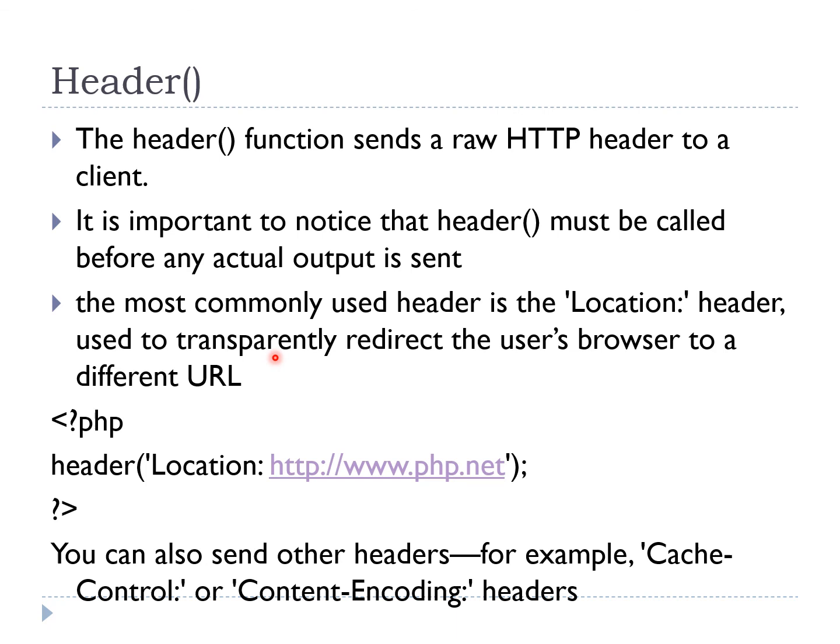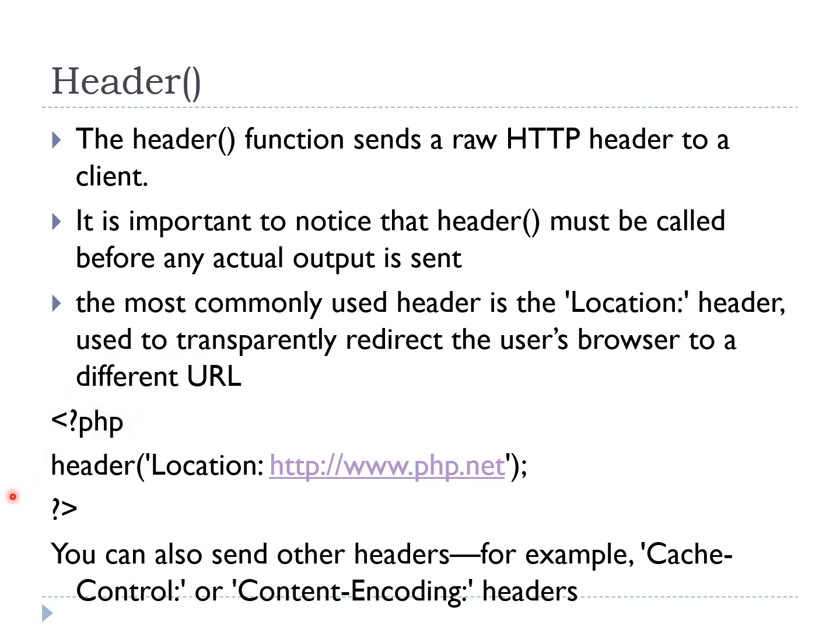This type of HTTP header is used to relocate the control from one web page to another, and the syntax is like this: Location colon, then you specify the corresponding URL. So if you want to traverse from one web page to another, we can use the HTTP header function, and the syntax is like this.